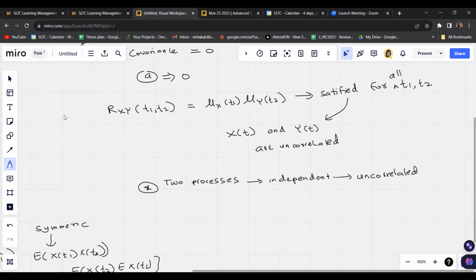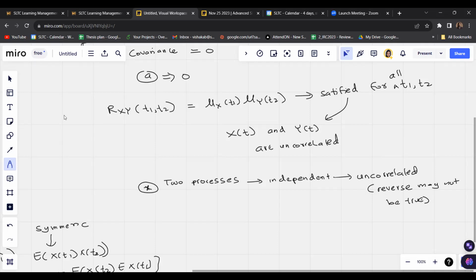However, if they are uncorrelated, we cannot ensure that they are independent, right? So the reverse may not always be true.